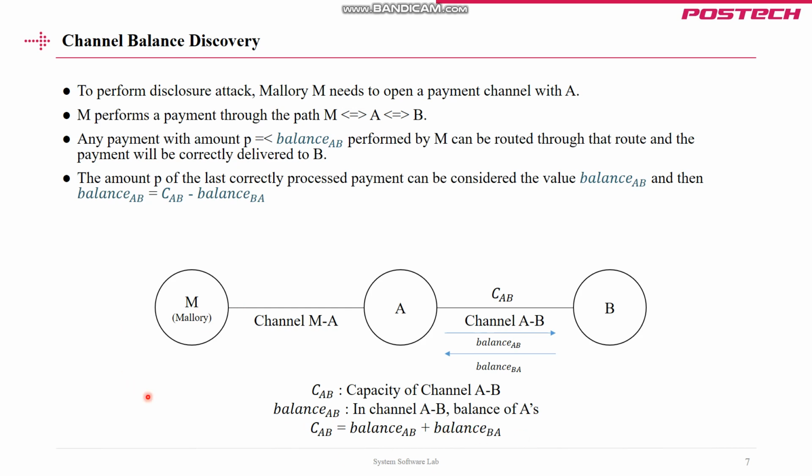Any payment with amount P less than balance AB performed by M can be routed through the route, and the payment will be correctly delivered to B. The amount P of the last correctly processed payment can be considered the value of balance AB, and then we can analyze balance BA also using this notation.